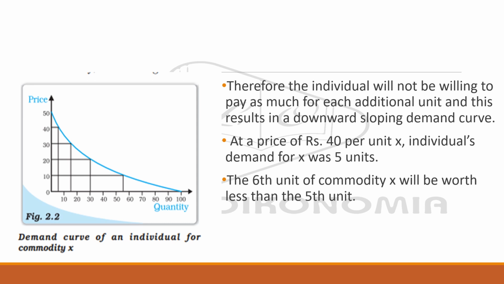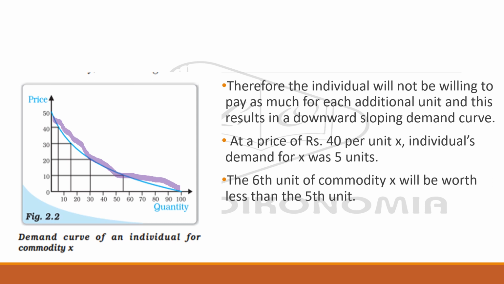So what happens here is that the individual will not be willing to pay as much for each additional unit, and this results in the negative slope of the curve, or downward sloping of the demand curve. So again come to the point here.